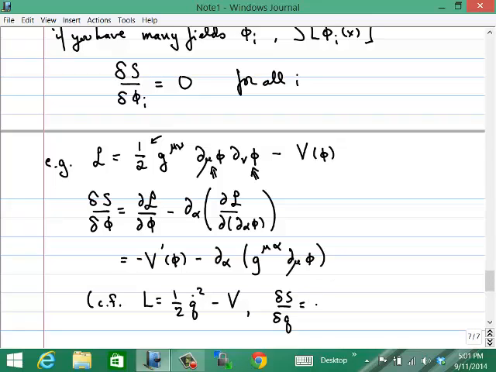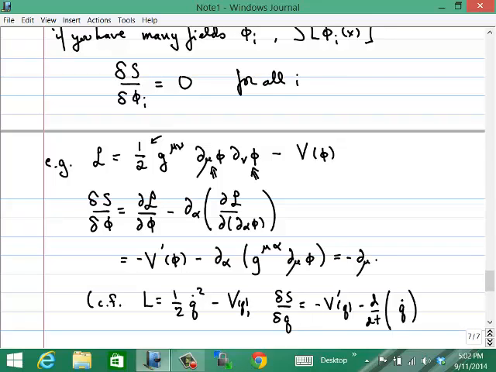Well, there's minus V'(q) minus d/dt of q̇, because the derivative of 1/2 q̇² with respect to q̇ is q̇. And so all I've done is the same thing here.